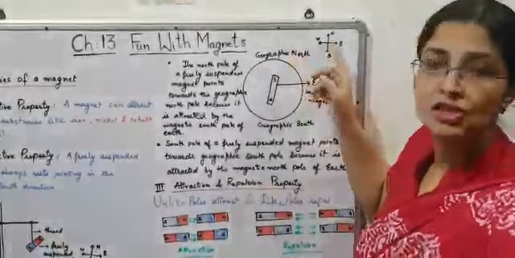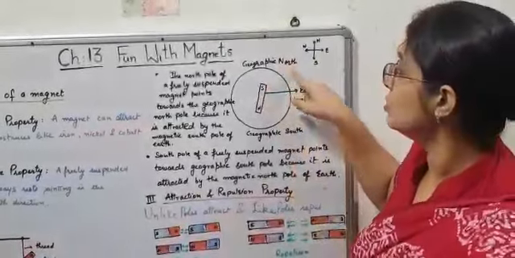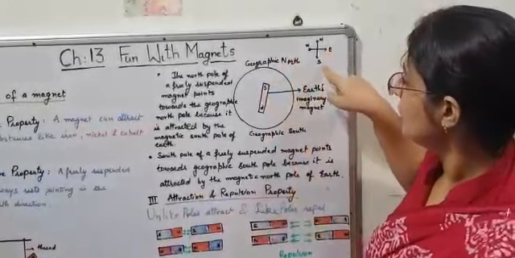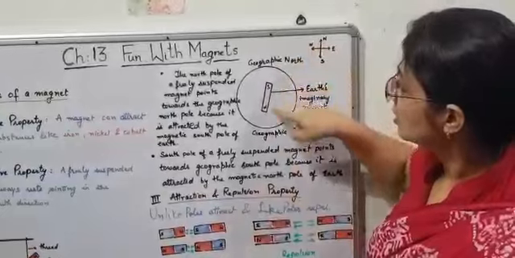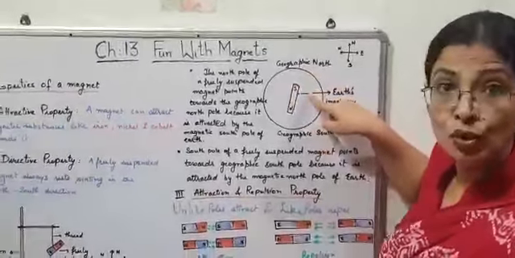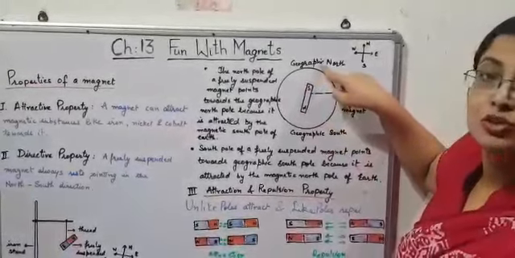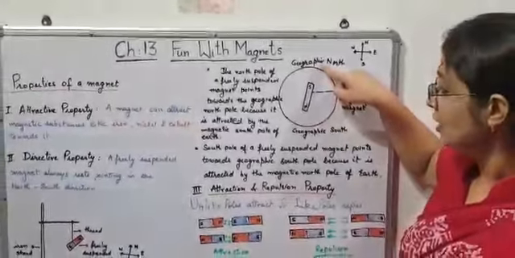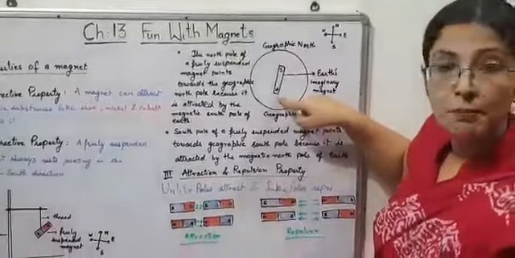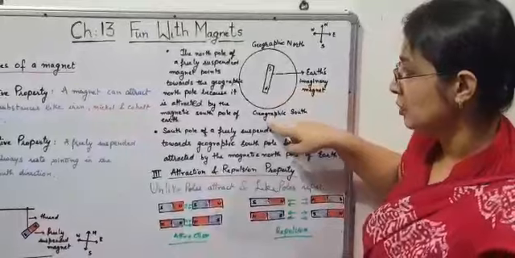That means the conventional direction, the direction which we have taken as north, north, south, east, west. The magnet that is present inside the core of the earth, its south pole is towards the geographic north pole of the earth, and the north pole of this magnet is towards the geographic south pole.